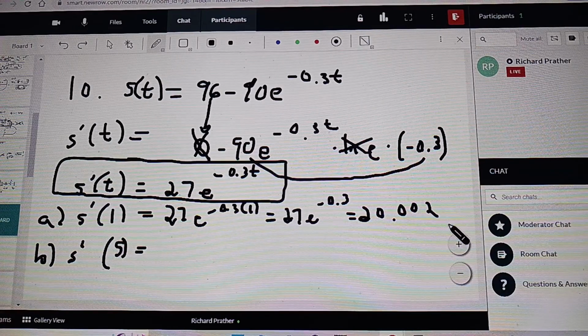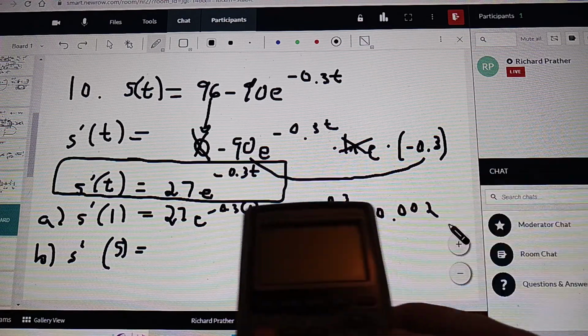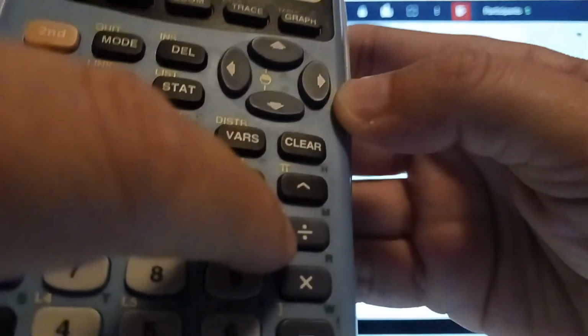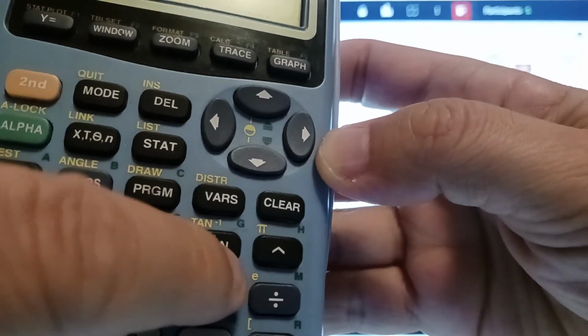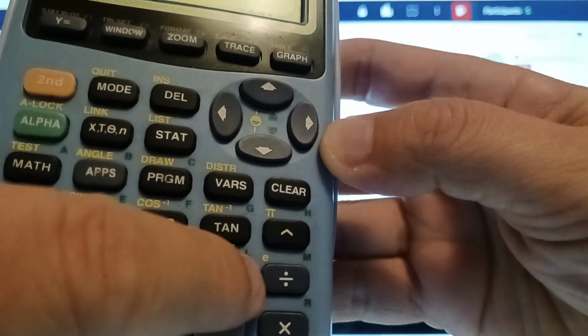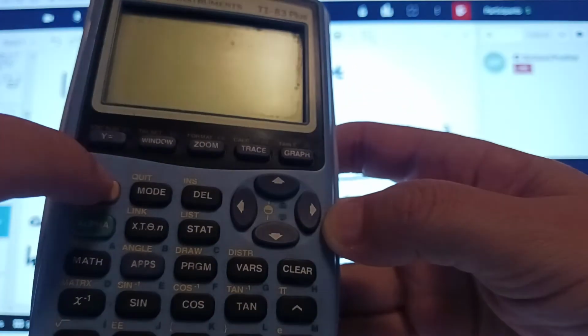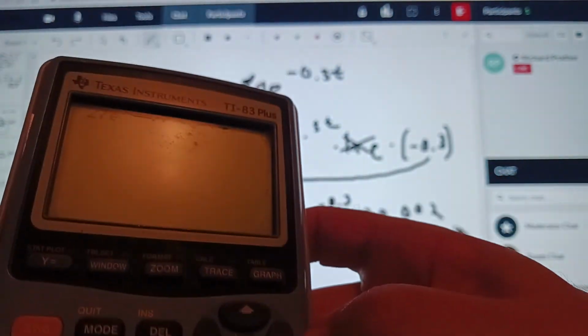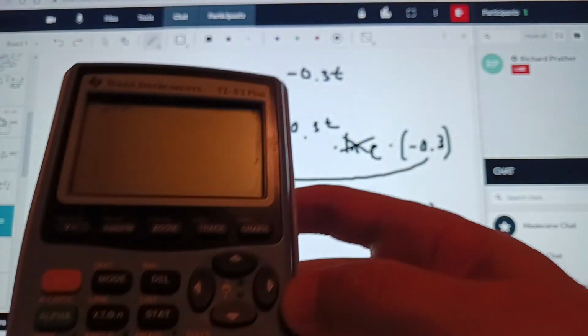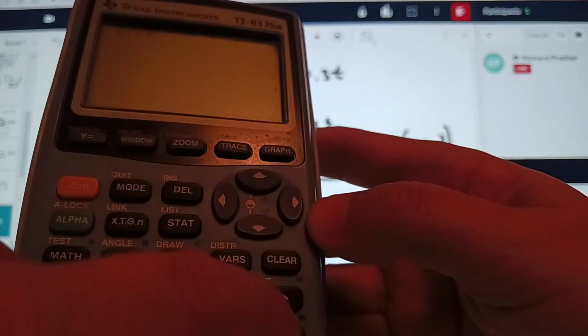So let's double check it with a graphing calculator. Here I type it just like you'd read it out loud. 27, the E button in a graphing calculator, it's hard to see it, but right above the division button in yellow, there's a little E symbol, and then there's pi if you ever need pi. So you have to hit the yellow key first, second, and the division sign gets you E. So 27e, and then right above the division button, there's an arrow up button.